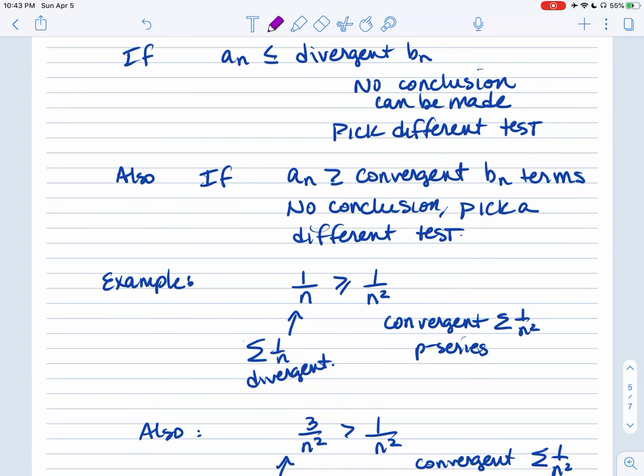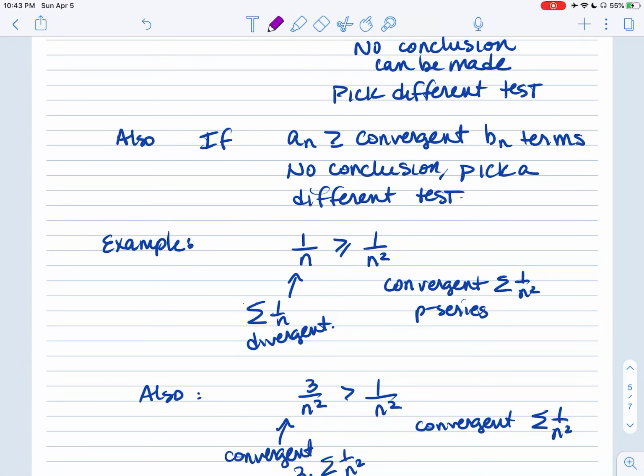So some of these examples are 1 over n is clearly bigger than or equal to 1 over n squared, because if n is bigger than 1, n squared is going to have a bigger denominator, and that's going to be a smaller number. So we have this case scenario that a divergent series is bigger than or equal to a convergent series, right?